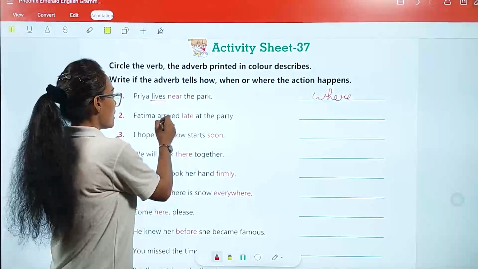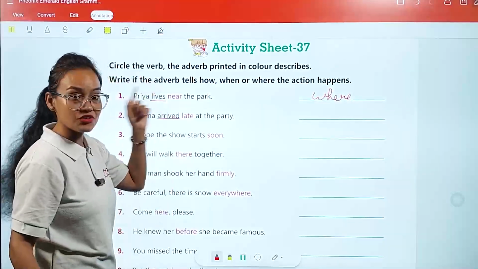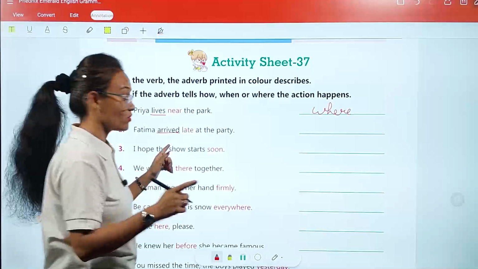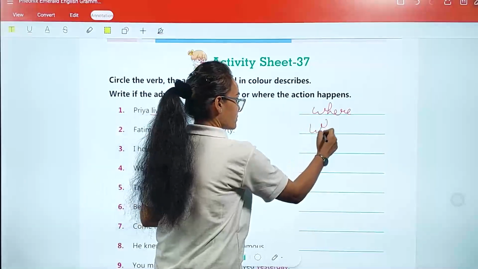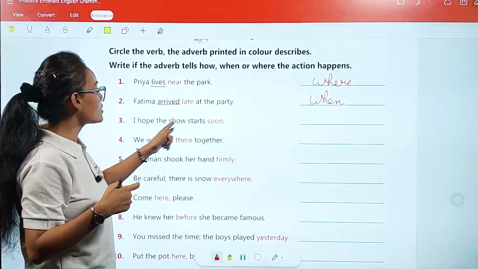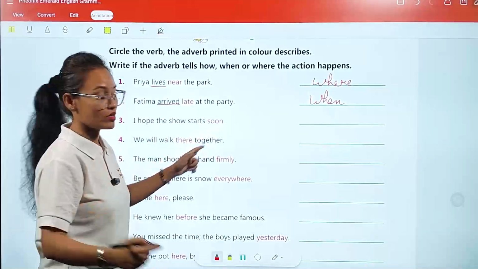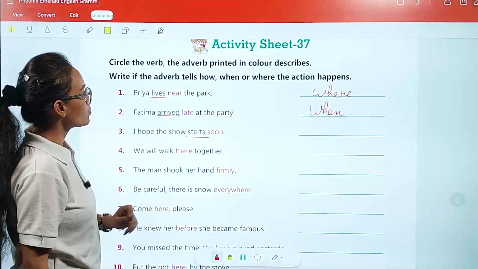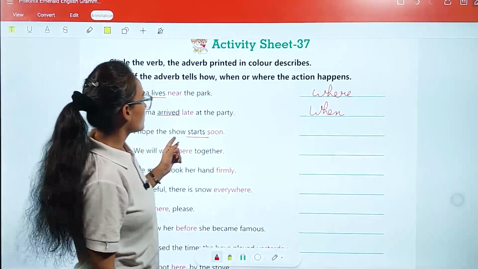Here arrived is your verb and it shows when. Third: I hope the show starts soon. Starts is your verb and it also shows when.